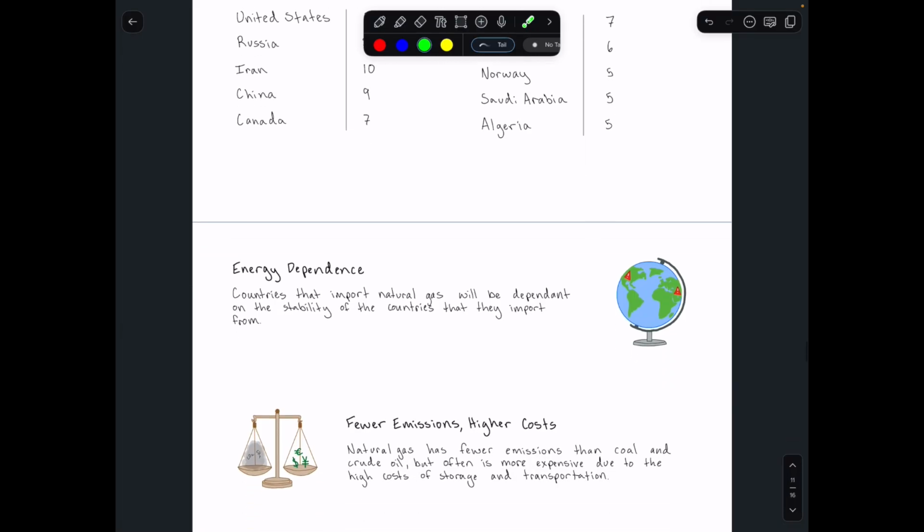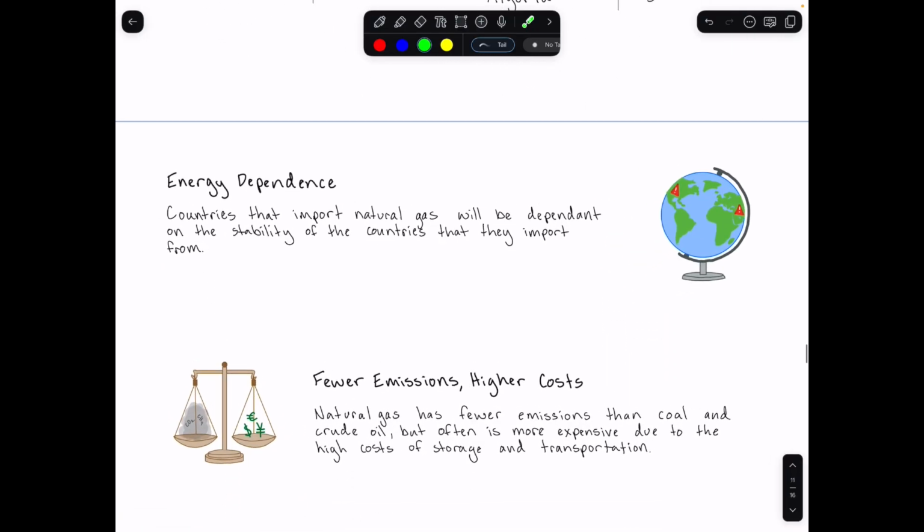Okay. The next geopolitical consideration: fewer emissions, yet typically higher costs. So compared to coal, natural gas produces significantly lower emissions, both from air pollutants and greenhouse gases. However, these environmental benefits often come with higher fuel transportation costs, higher storage costs, higher infrastructure costs for countries that don't produce their own natural gas.